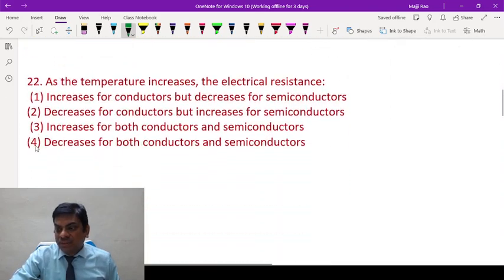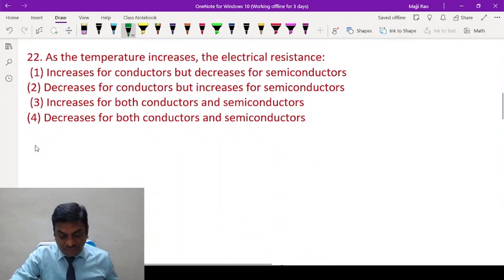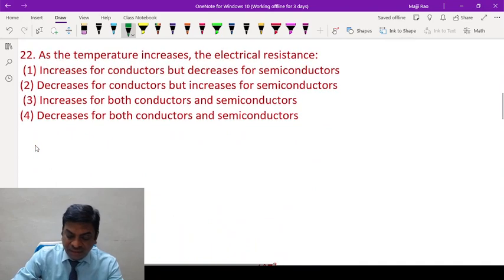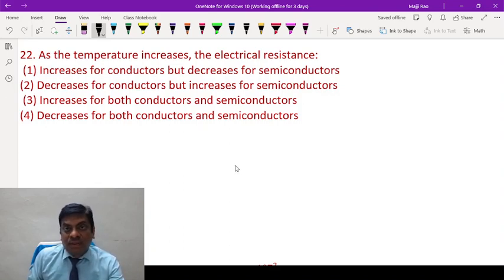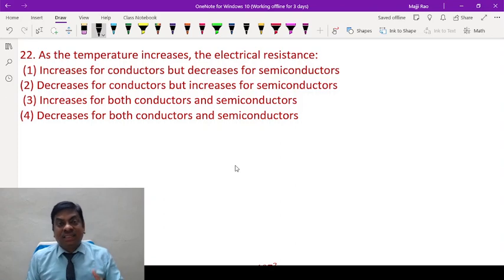Then moving on to question 22. As the temperature increases, the electrical resistance... Now we all know that for conductors, the temperature coefficient of resistivity is positive. In other words, resistivity as well as resistance increases with an increase in temperature.